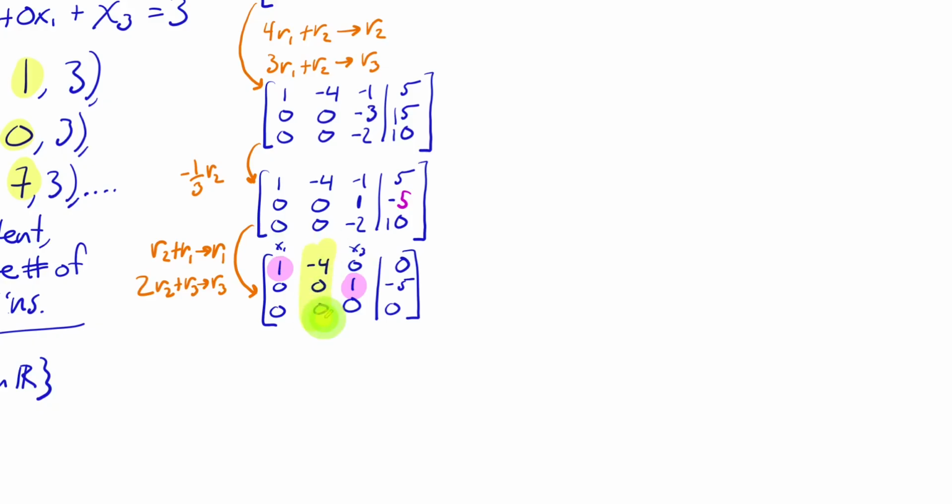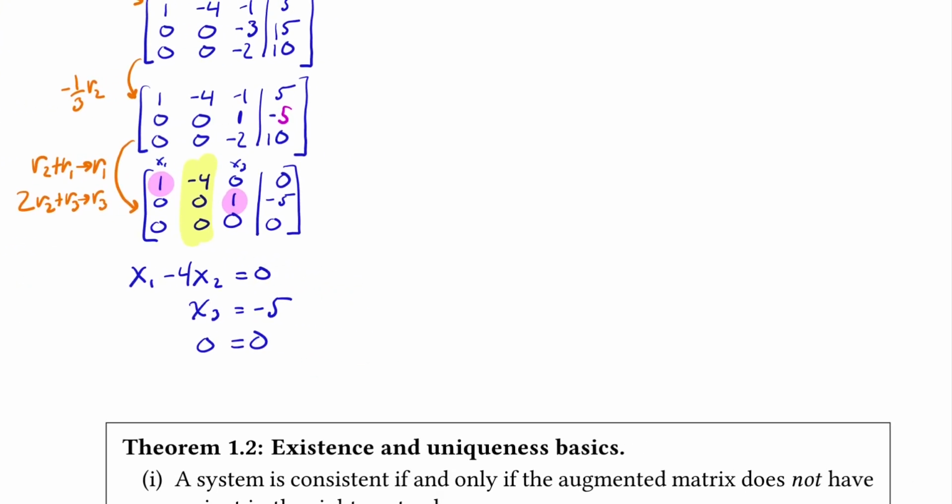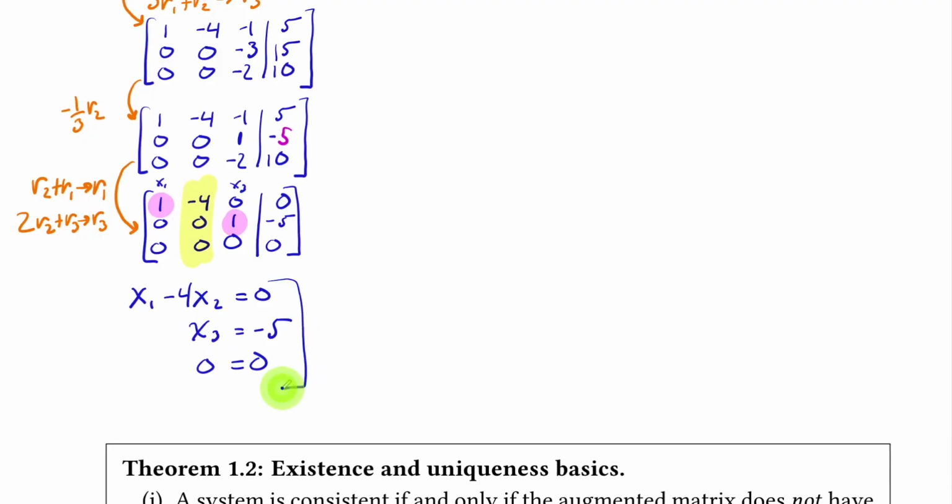And x2, which does not have a pivot, is going to be a free variable. So let's write this as a system of equations. And that shows you how to write it in parametric form, because we don't really need to bother with the 0 equals 0 equation. That doesn't tell you anything.